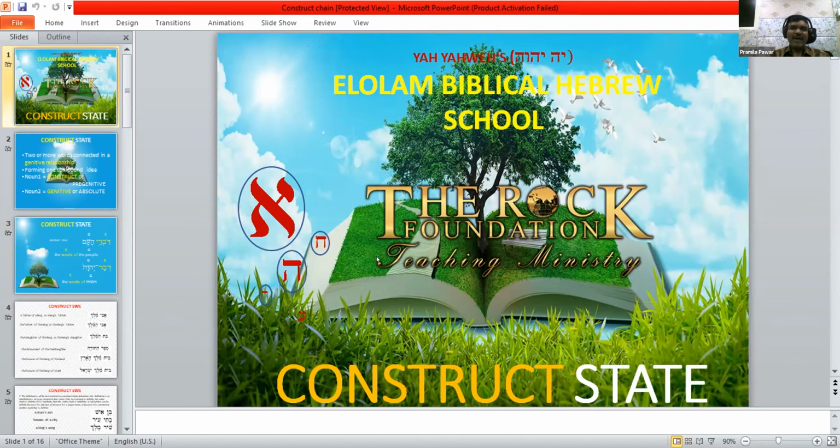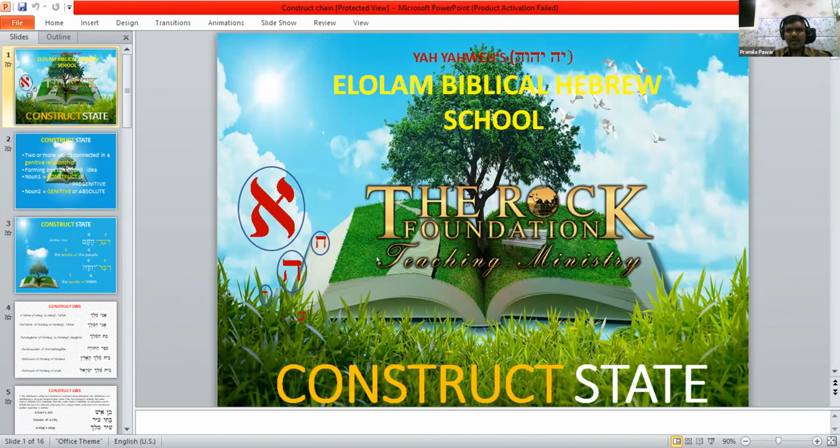So that of, whenever two nouns are connected genitively. Genitively means it shows a close relationship. Call of God, man of God. So that man and God, the of relationship. We are going to study this of relationship, which is in English, but whenever two words or two nouns are connected together with this construct chain, you have to translate it into of.